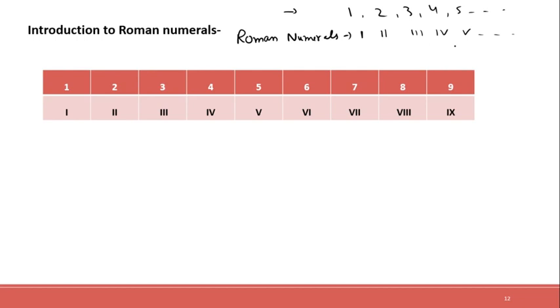This is how Roman numbers are. So let me tell you how we get this. For 1 we have this sign, which is I. For 2 we can write it like this, II. Then 3.